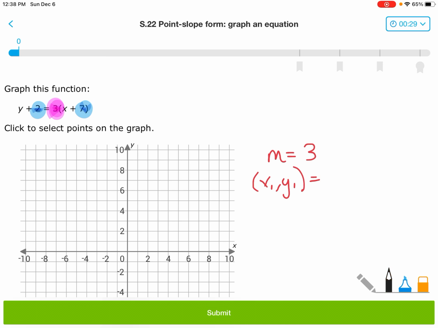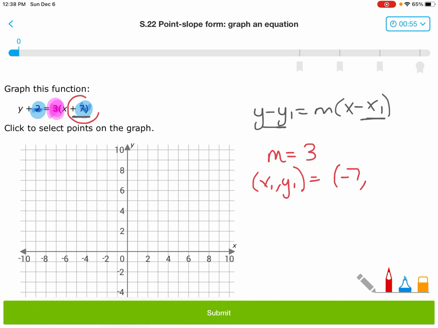Now, when we look at our equation, y minus y1 equals m times x minus x1, the part you have to look at is these negative signs here. Because see how this is plus 7? That means my x value is negative 7.